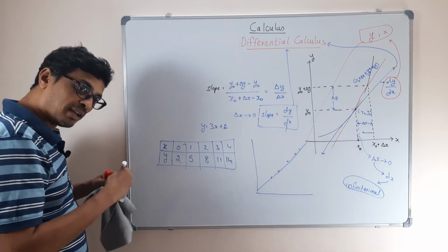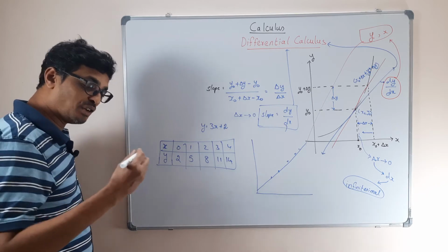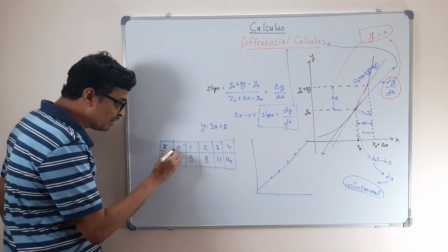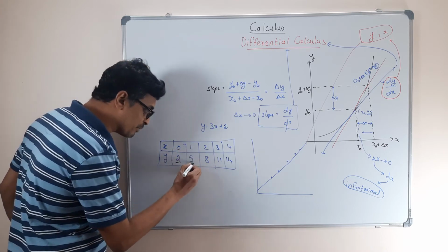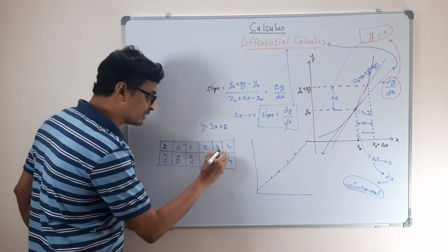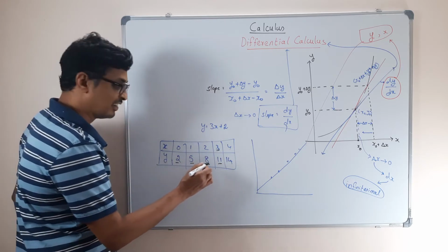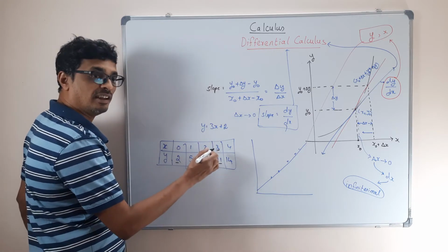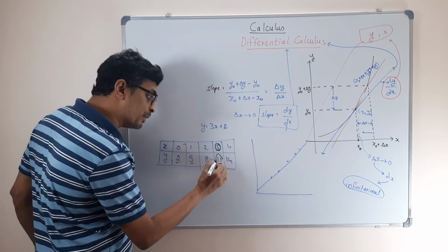But can y be like that? No, because for 0, y can be only this. If you have 1, it will be only this. If it is 2, this will be 8, then 11. It can't be 10. It can't be 5. For a given value of x, this should be the value.